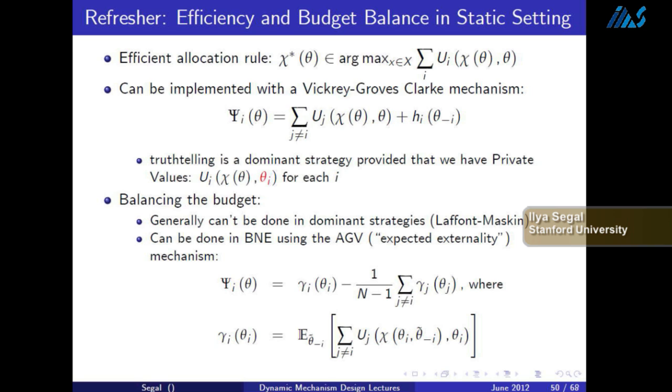Then in Bayesian Nash incentive compatibility, you can again implement efficiency using what's known as the expected externality mechanism, or AGV, which I think is short for Arrow and d'Aspremont-Gérard-Varet.